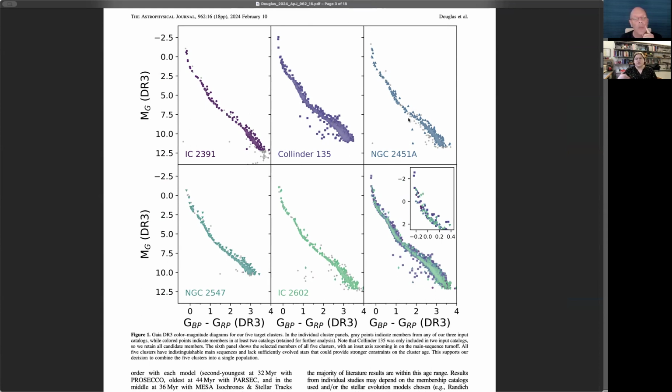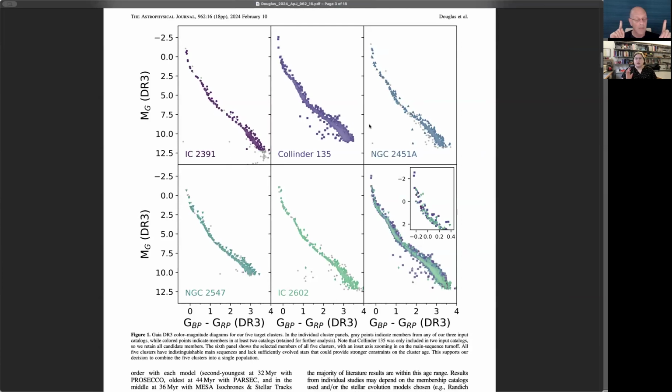To be considered for analysis further in the paper, it needed to be in at least 2 of the catalogs. So the colored points are things that we actually kept and are plotting in later figures, but even the gray points are included in the final catalog. So if you want to get the periods for those, we do have them.